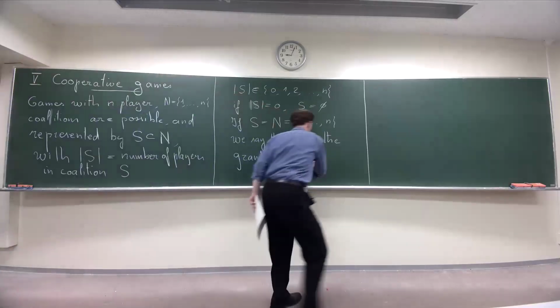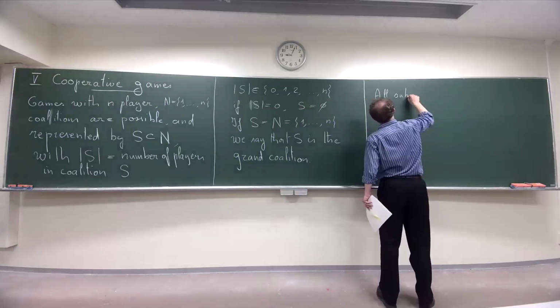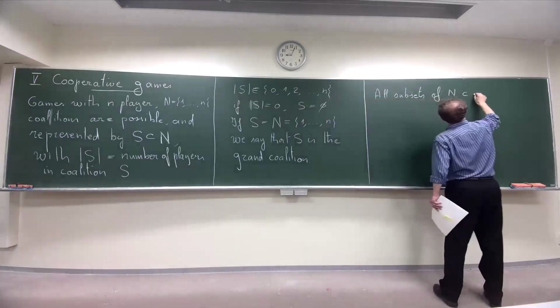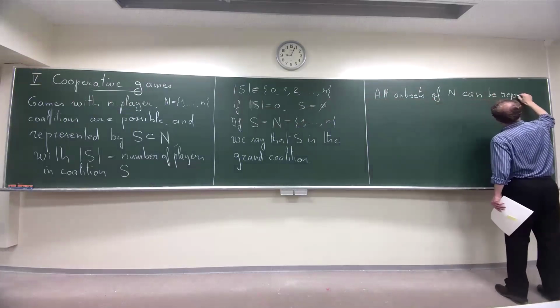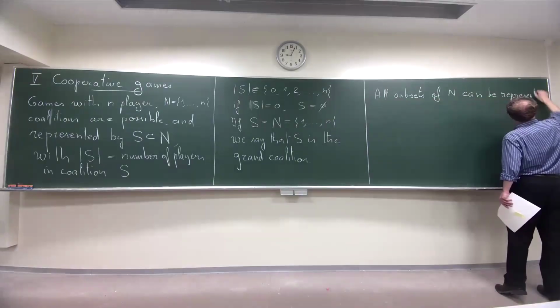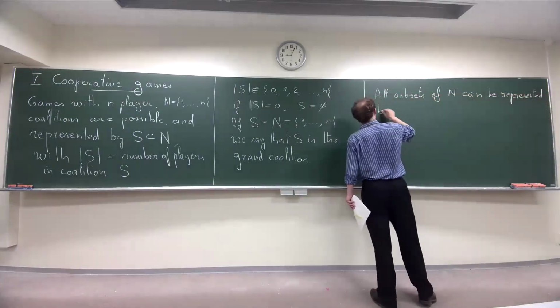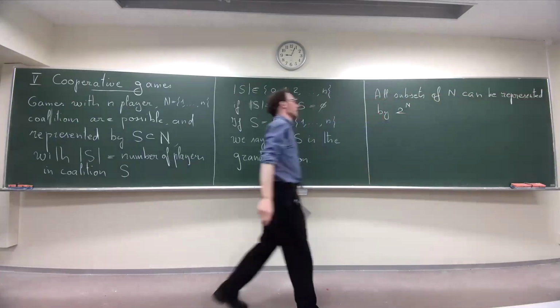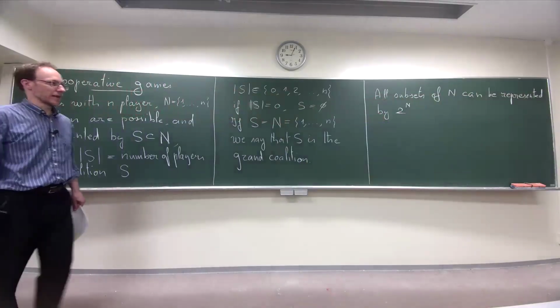And probably you remember all subsets of N, they can be represented. There is a notation for the set of all subsets of N. They can be represented by 2 power N. This is a notation which means all subsets of the set N.